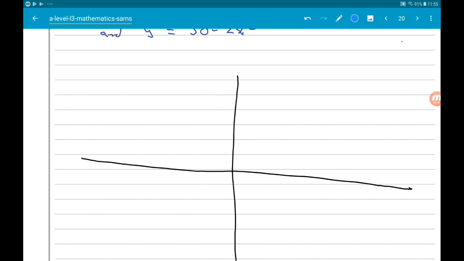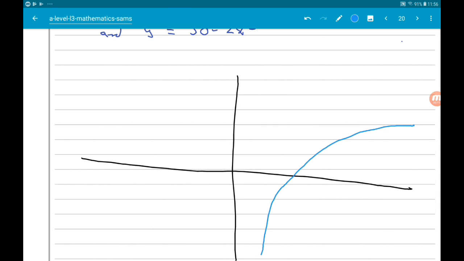Log graphs are the inverse of exponentials. So exponentials look like that. Inverse graphs are reflected through the line y equals x. So that gets reflected like that.